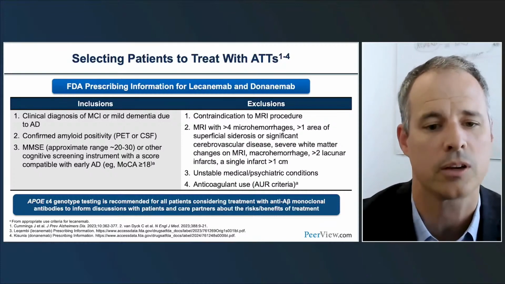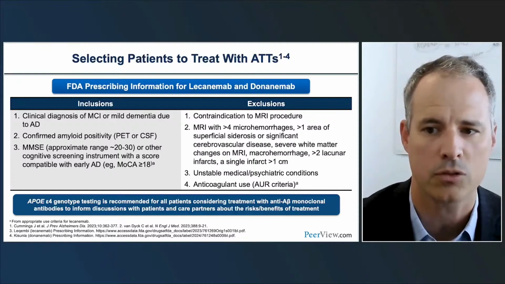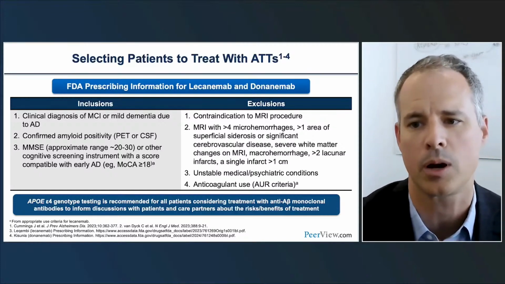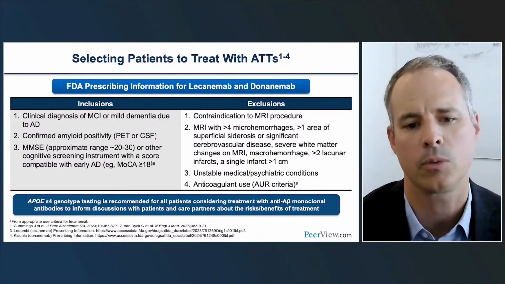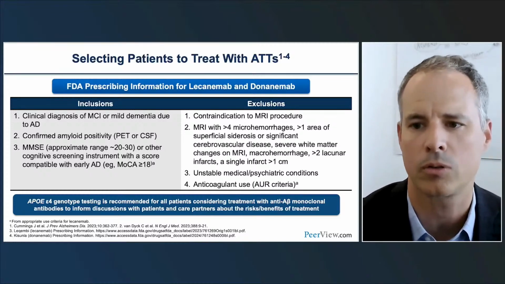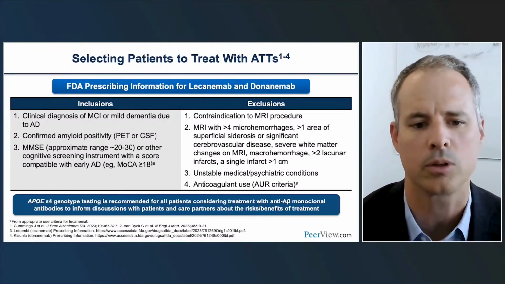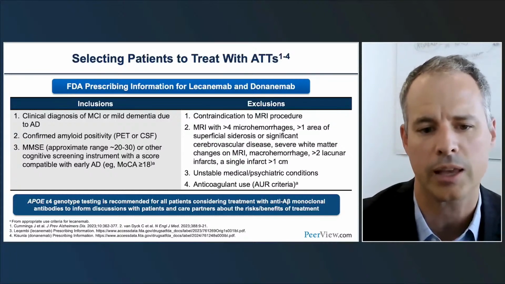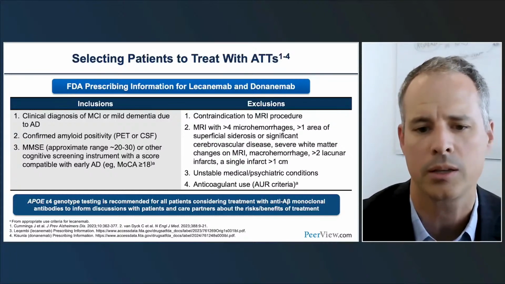Important exclusion criteria that need to be considered is contraindication for an MRI. Patients have to be able to get an MRI from a safety perspective. So patients with pacemakers or claustrophobia or other reasons may be excluded. Patients have to have less than 4 microhemorrhages on their MRI.